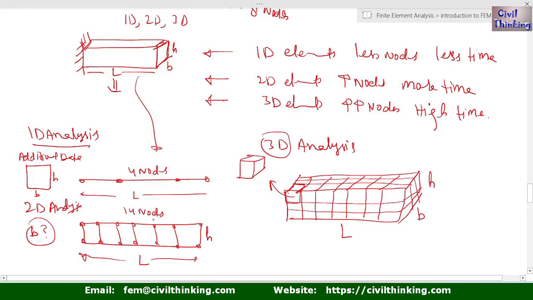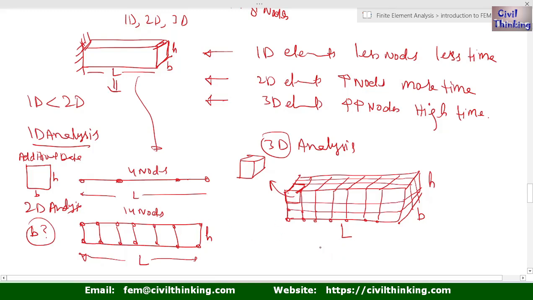Where will it take less time? Of course, at the smaller number of nodes. So 1D will take less time than 2D. Now let's talk about 3D. How many nodes are here? 1, 2, 3, 4, 5, 6, 7, 8, 9, 10, 11, 12, 13, 14, 15, 16, 17. So all of this you have to count. There will be a lot, of course more than 14.